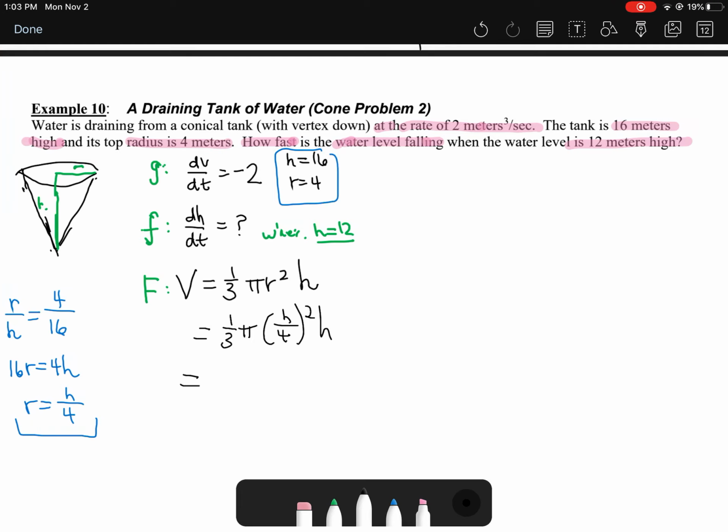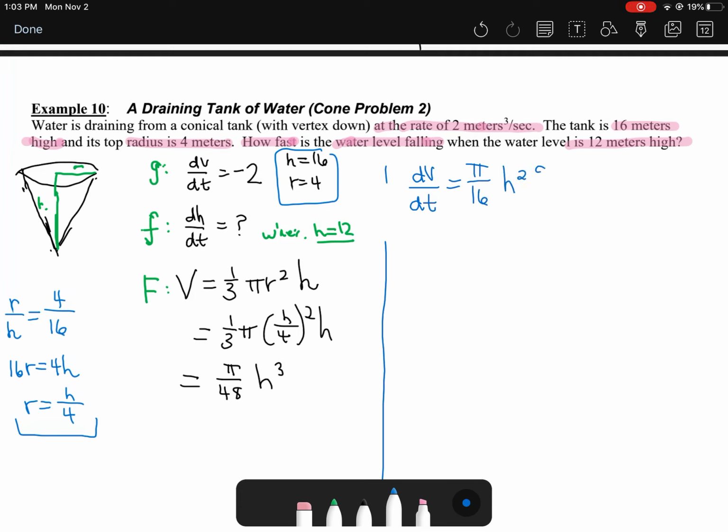This gives me pi over 48 h cubed. Now I can go ahead and take the derivative. So I get dV/dt is equal to, I'm going to bring down the 3, so that becomes pi over 16 h squared dh/dt.